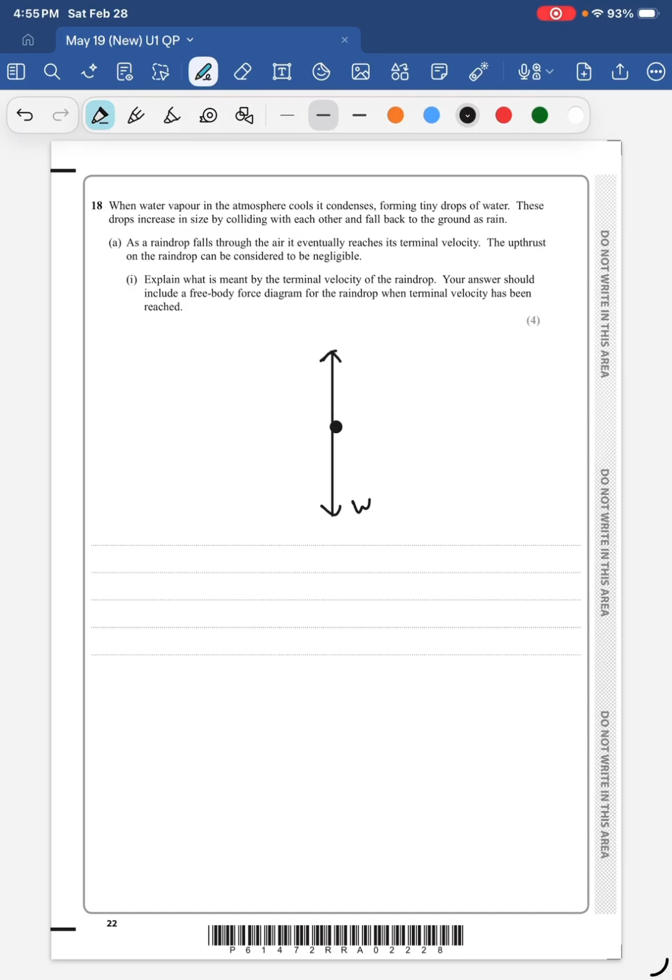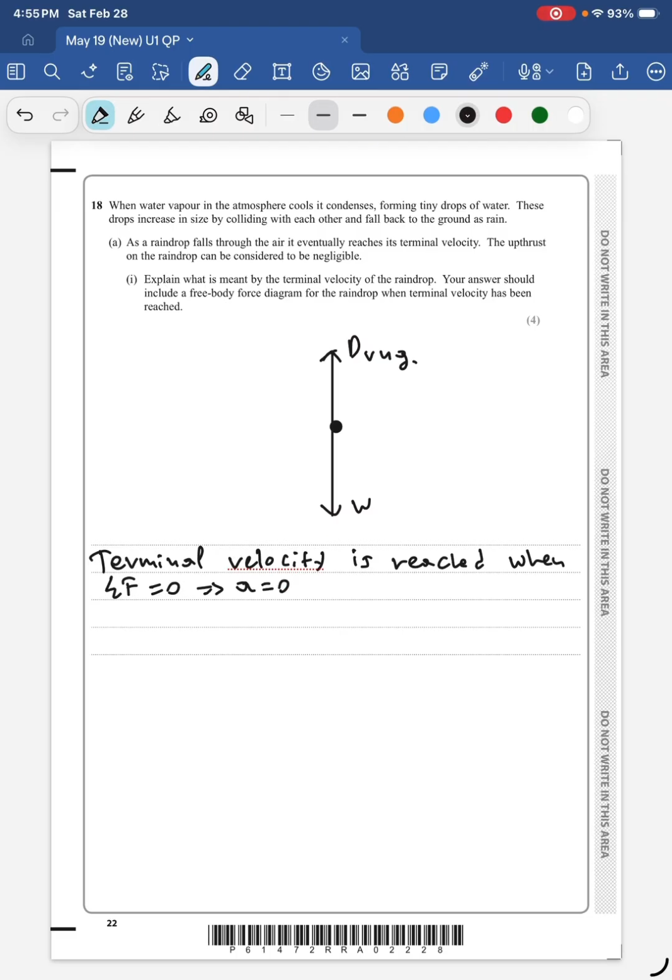So terminal velocity is reached when the sum of all forces is zero, which means that a is zero.